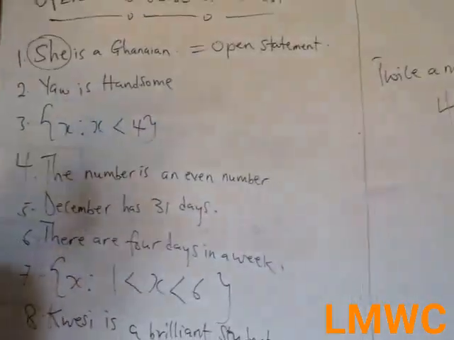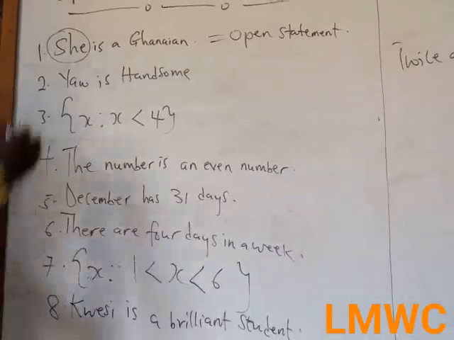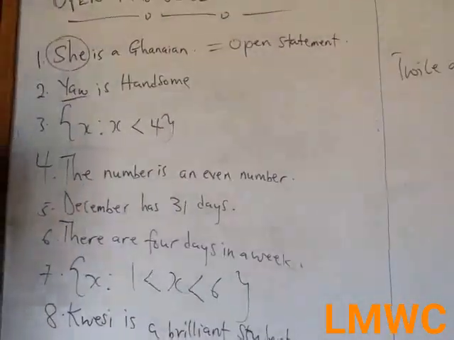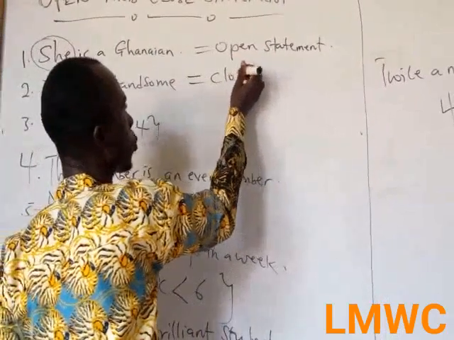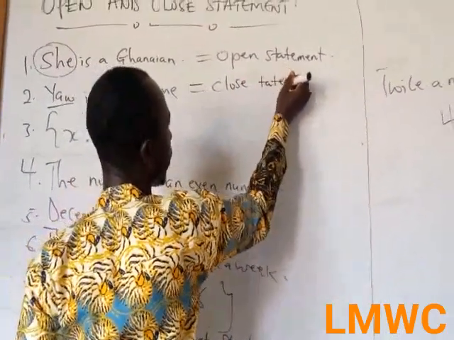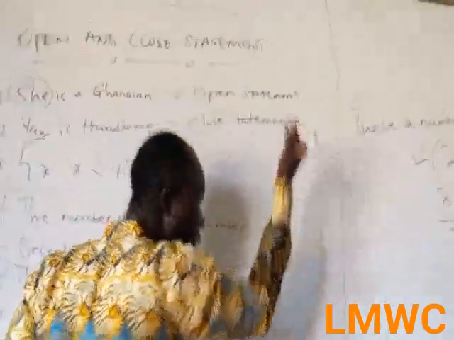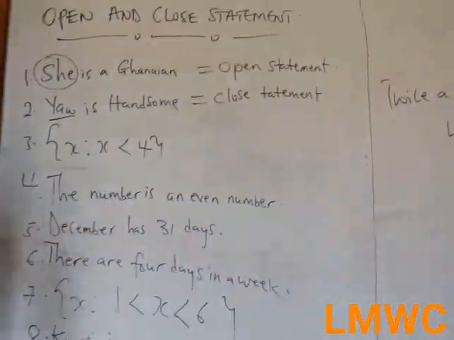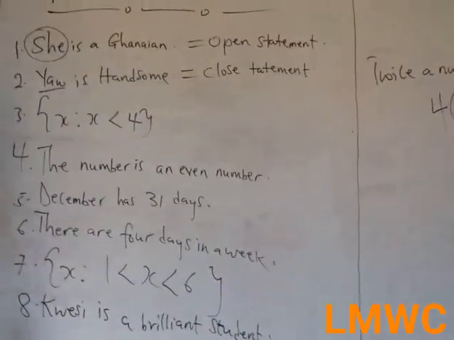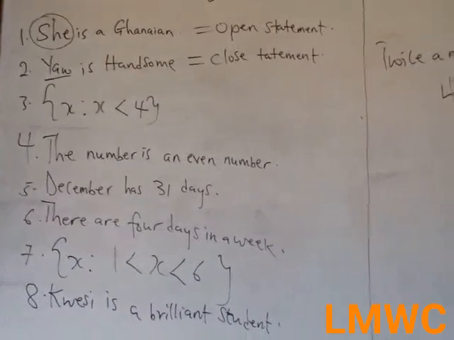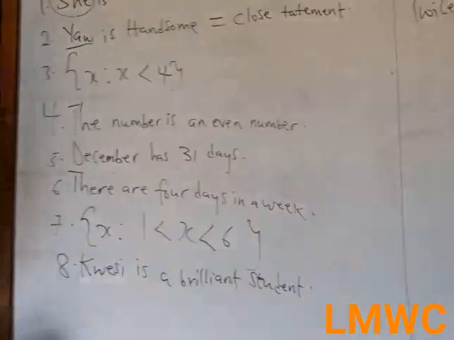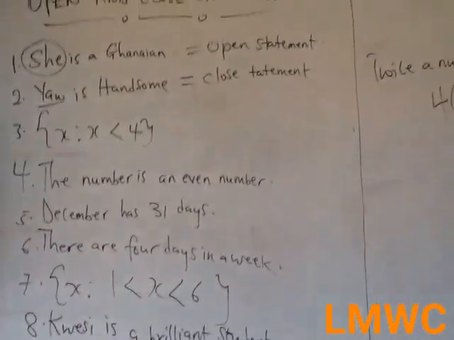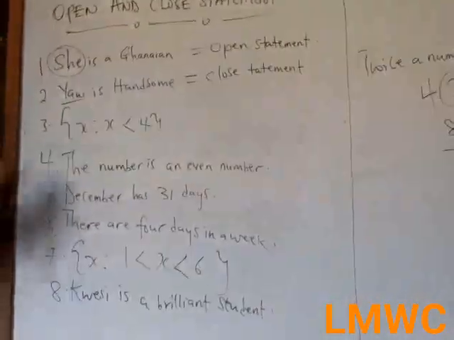2. Yao is handsome. You see, this time it is specific. Who is handsome? Yao. So this makes it a closed statement. But if this was to be the boy is handsome, it makes it an open statement. 3.